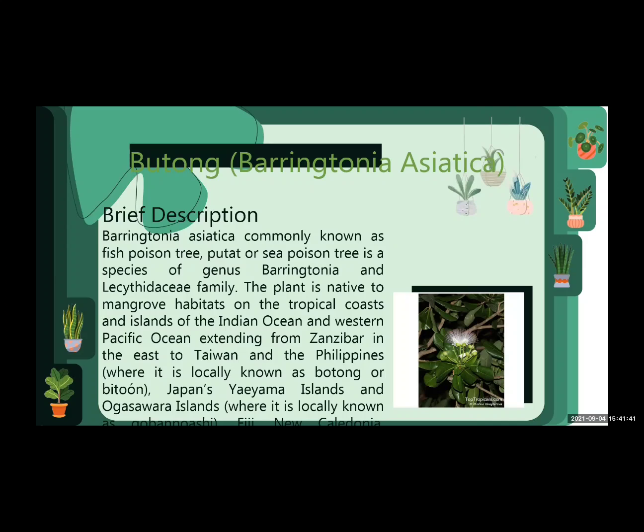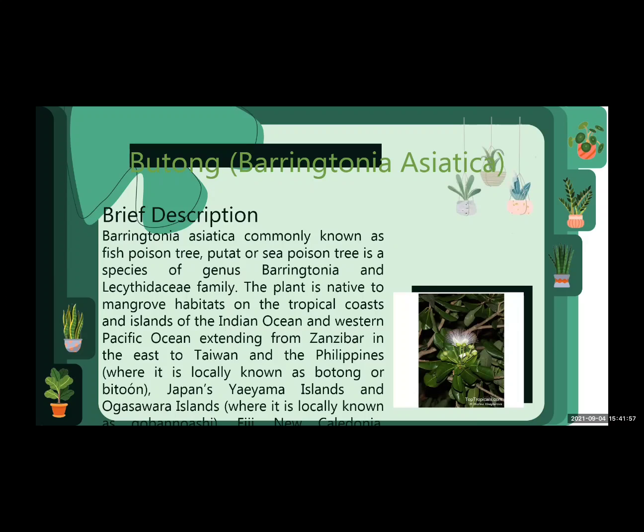So brief description. Barringtonia asiatica, commonly known as fish poison tree, putat or sea poison tree, is a species of genus Barringtonia and Lecythidaceae family.